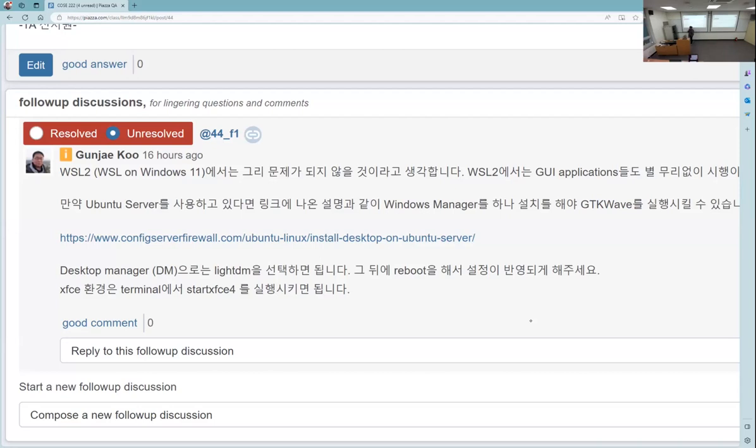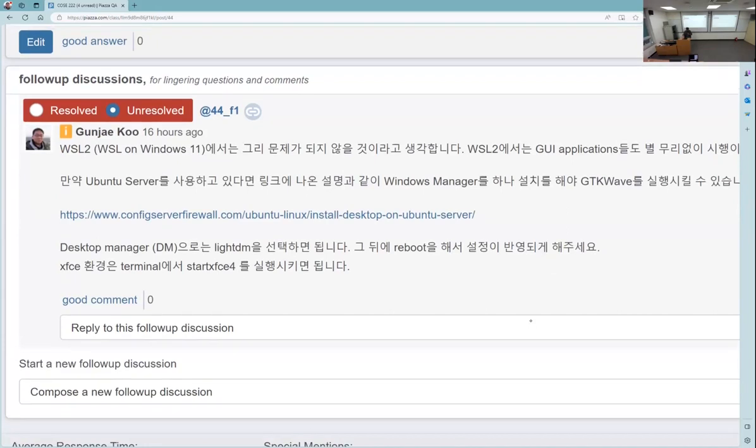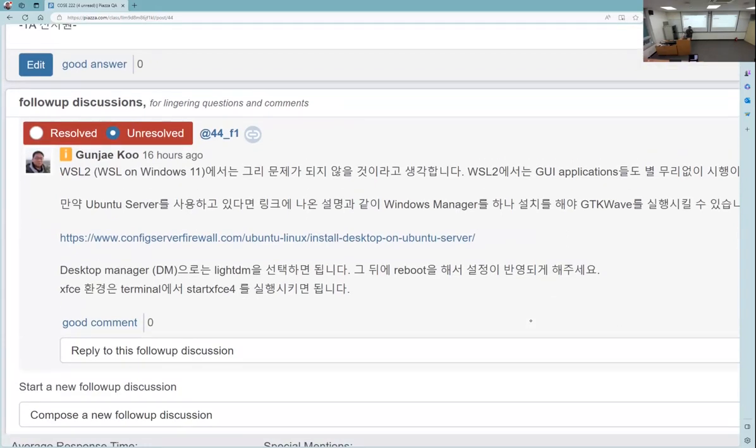Then you can just install a window manager. I know this name is not familiar to you, because everyone is familiar with the graphical user interface, such as Windows or macOS. But server operating systems, such as Ubuntu server, do not include a window manager or graphics environment.